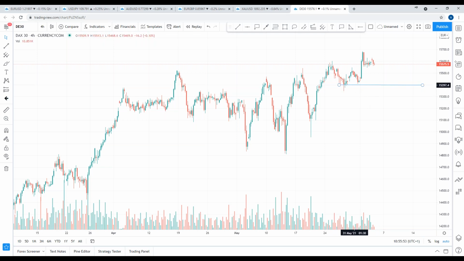So look, the reason I know this might be an ideal area to consider potential buying opportunities is this low here. Now, a lot of traders know that this was formed from this area here. There's going to be buyers coming in, dip buyers, quite rightly as well, because the trend is higher.